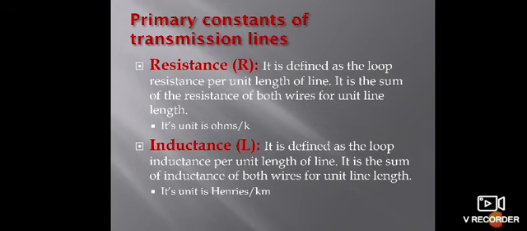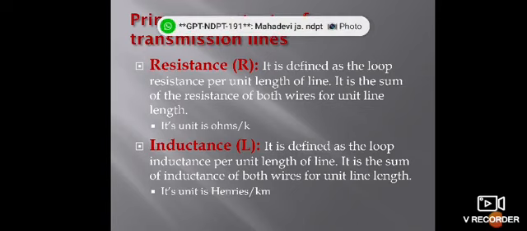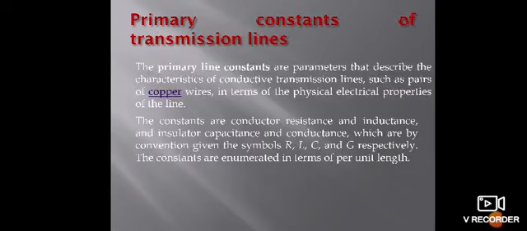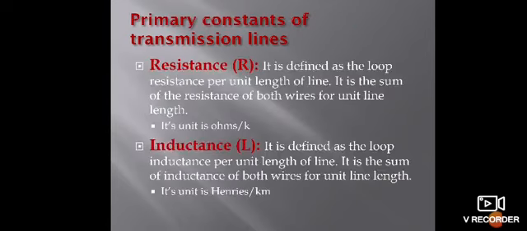It can also be said that it is the sum of resistance of both wires for unit line length. So resistance is defined as the loop resistance per unit length of line, the sum of resistance of both wires for unit line length.